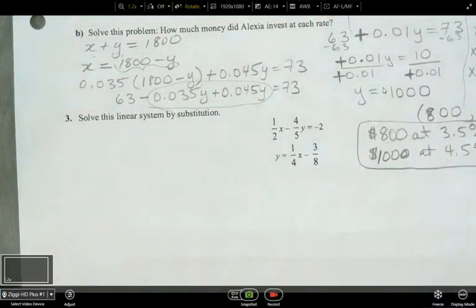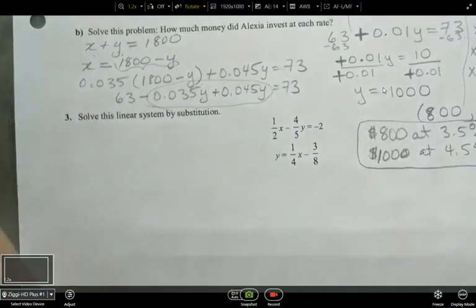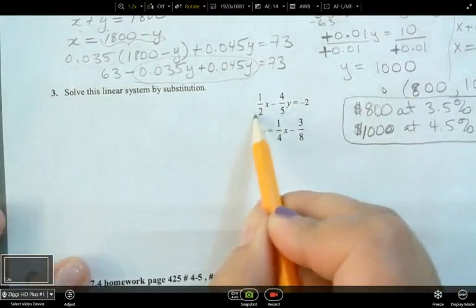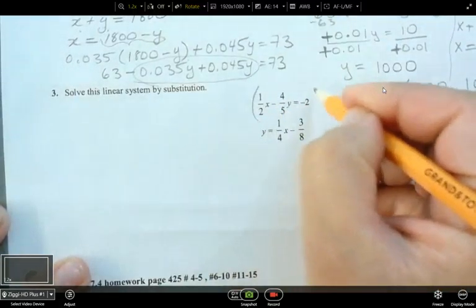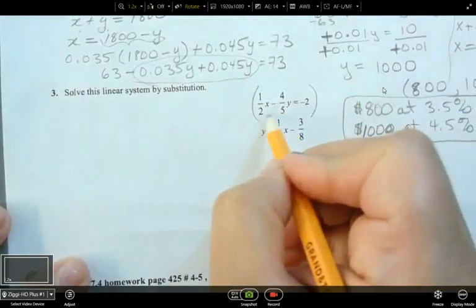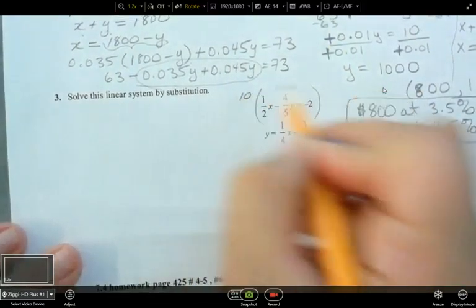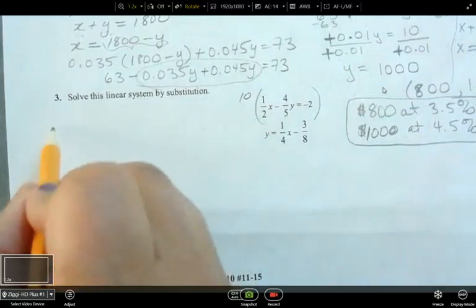Okay, so since the fractions in this system are different, right? What can we multiply everything by so that we eliminate all of the fractions here? By 10. And then what does that equation become?